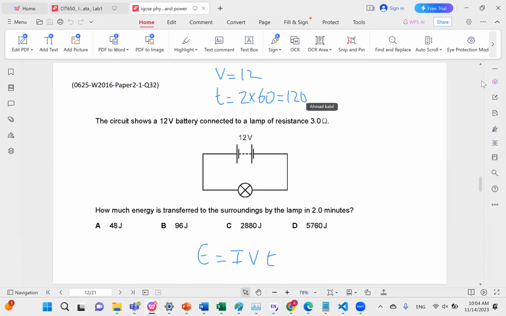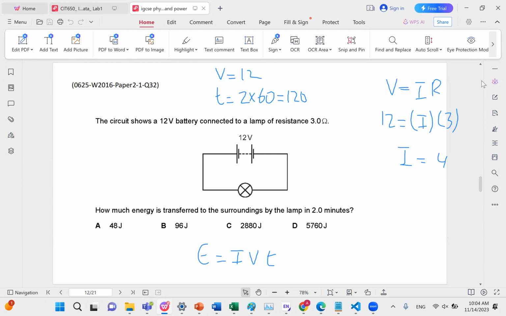I'm not given I, but I'm given R. So we can use the equation V equals IR to derive I. Now V is 12. I want to figure out I, and R is 3. So therefore I equals 12 over 3, which is 4.